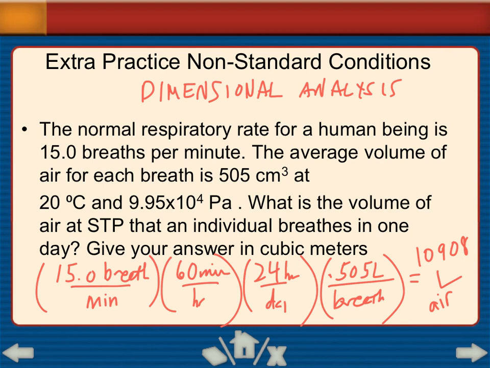From that, you can go ahead and finish it up. Again, this one's not really one that fits into this scheme of stoichiometry. It's simply dimensional analysis.